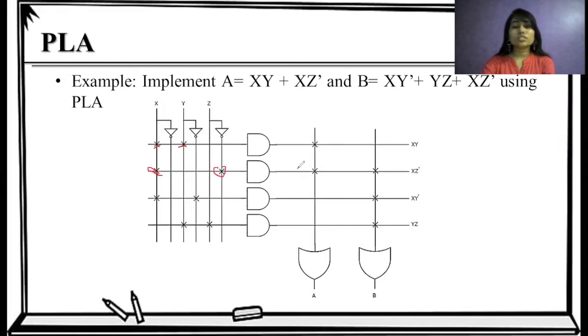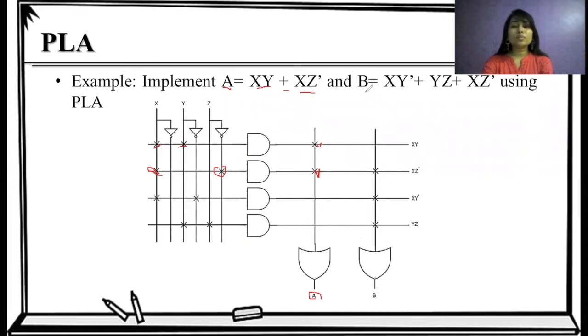Now we want a logical function A which has XY and XZ terms, and then we have an OR. So these XY and XZ terms can be connected here for the OR operation. So here we have programmable OR connections. Here we have programmable AND connections for our logical function A.